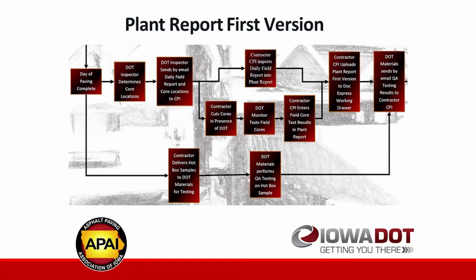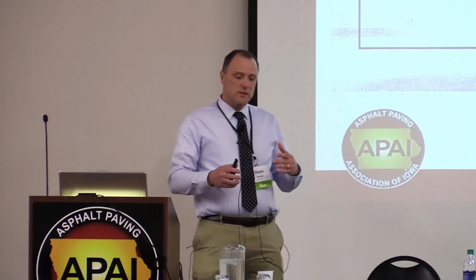And the CPI is then able to import that into the plant report. While they're doing that, we're also going out and cutting the cores, so that we can run the cores at the lab and enter that information into the plant report. Once the contractor CPI gets that into the plant report, we want to have that submitted to DocExpress.